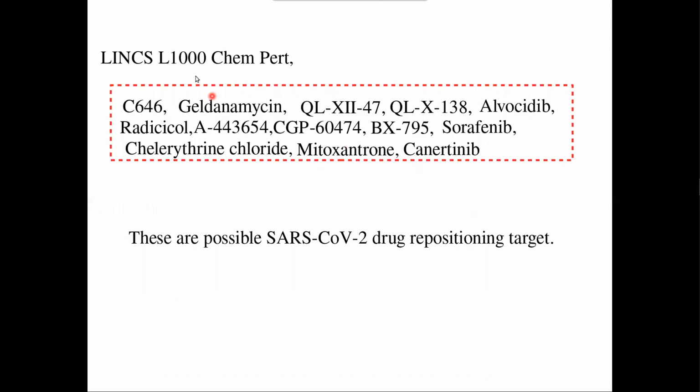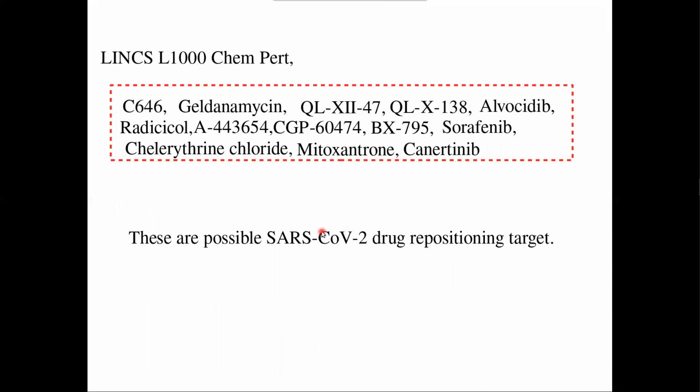And we also tried to find drugs that affect the genes we have selected in the LINCS chemical perturbation data, and we have found several antivirus compounds that affect the expression of our genes.